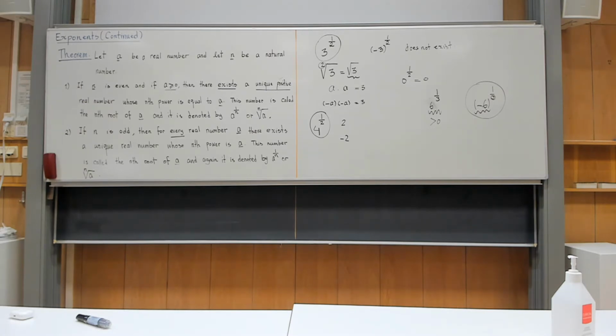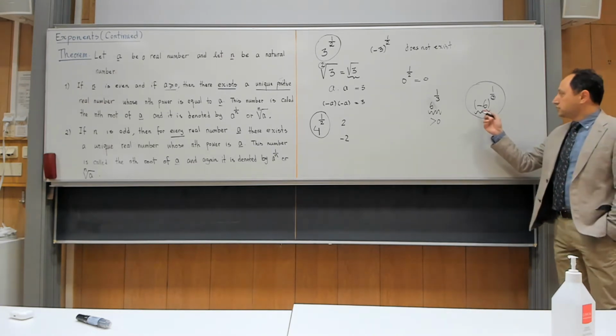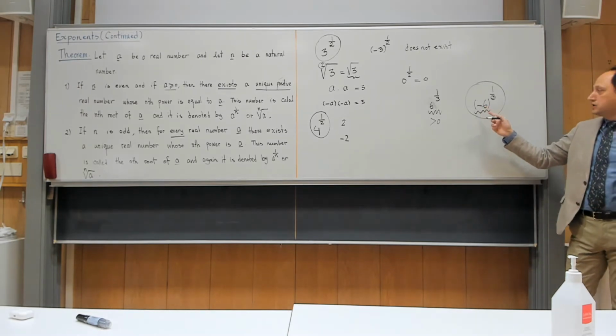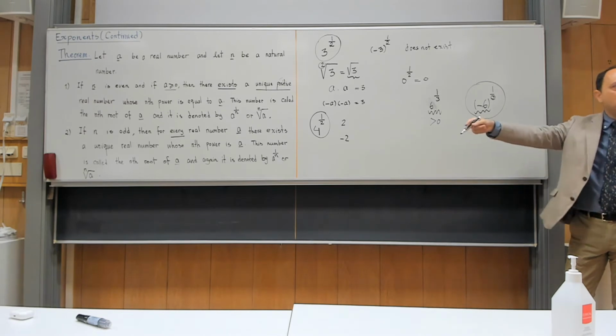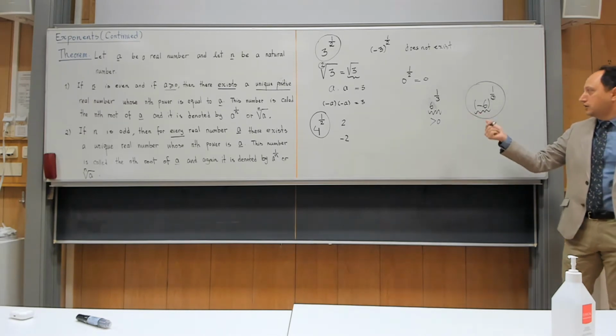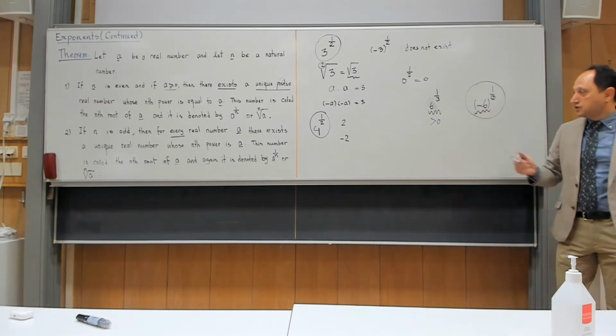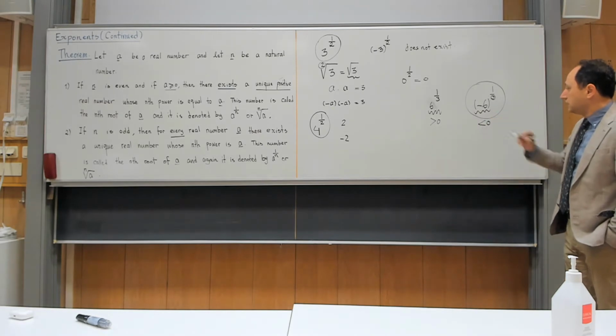Because if we had a positive number times a positive number times a positive number, it is still a positive number. But a negative number times itself 3 times. Yes. Very, very nice. Thank you. That's a very nice explanation. So this cannot be positive because if it is positive and I multiply it by itself 3 times, it turns out to be a positive number at the end and it cannot be equal to -6. So this number is negative.